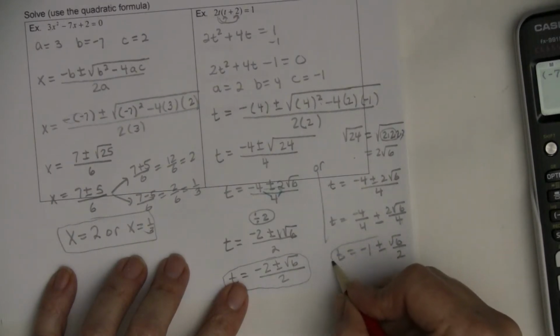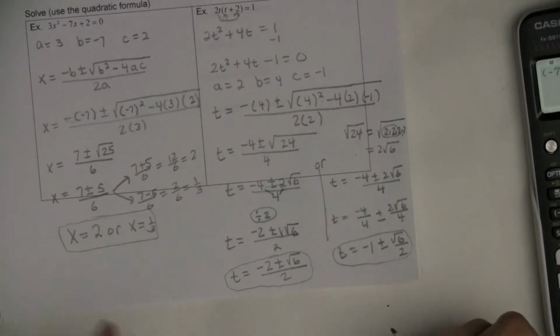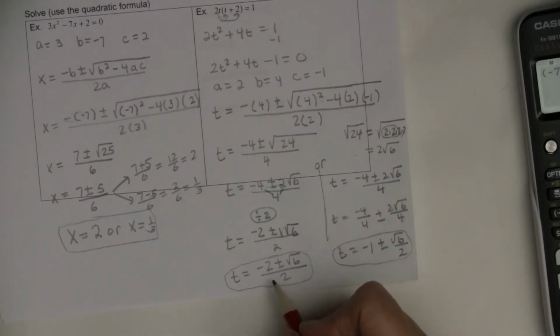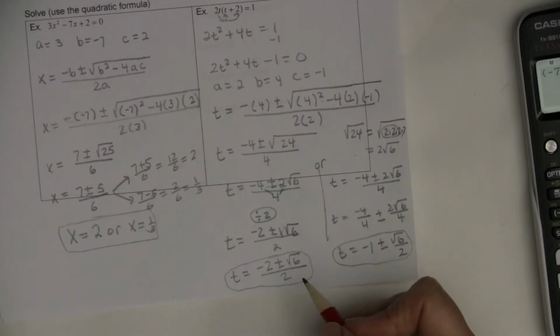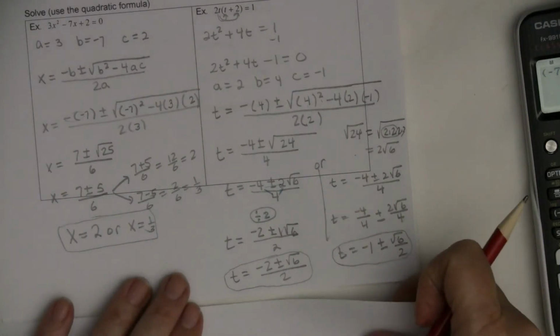These 2 answers for t are equivalent to one another. They look a little bit different from one another, but they're equivalent to one another. And there's 2 answers, right? There's -2 plus the square root of 6 over 2. There's no reason for me to write it in 2 pieces, although I certainly could if you wanted me to.